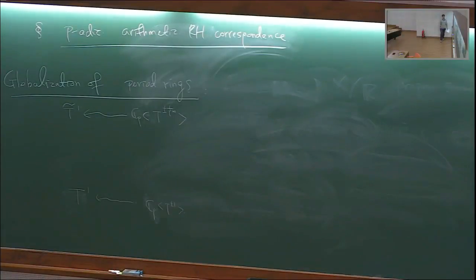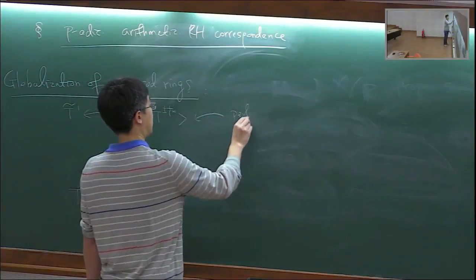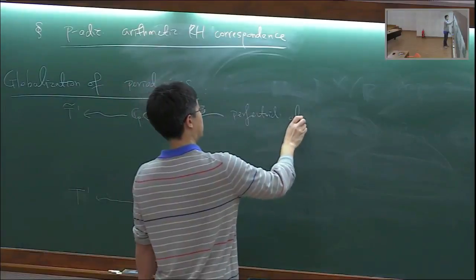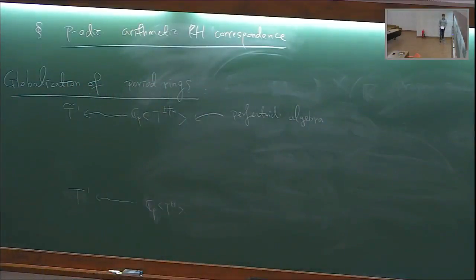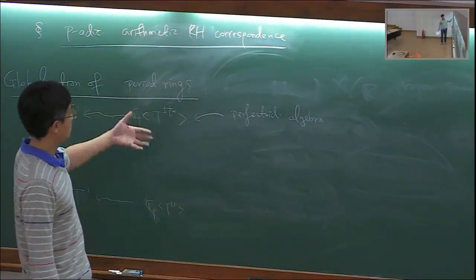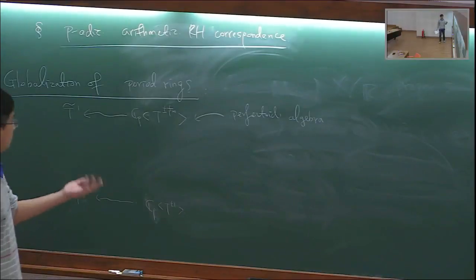So this is a perfectoid algebra, a typical example of a perfectoid algebra. Sorry, I don't have time to introduce the precise definition of perfectoid algebras. But the key point is that we go to this perfectoid level, where you have a lot of nice properties about this perfectoid algebra and associated perfectoid space, so you can play a lot of games with it.